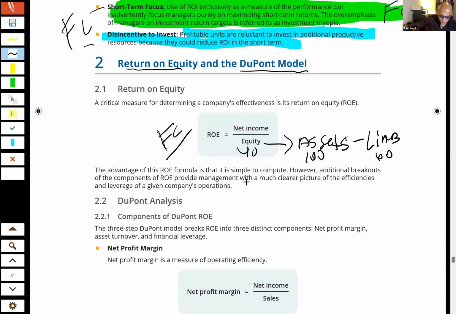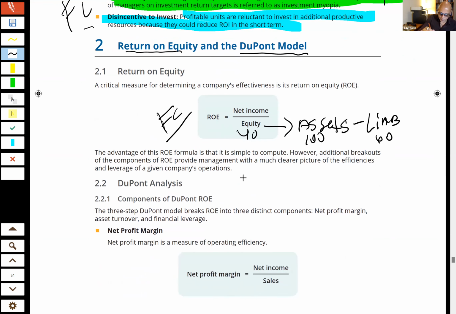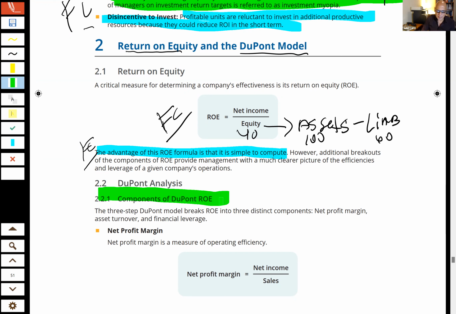The advantage of this is that it is simple to compute. But there are additional ways of looking at the return on investment. DuPont, I want to say it was back in the 60s, maybe the 70s, but it's a long time ago. DuPont was a company that came up with different factors that would go into the return on equity.